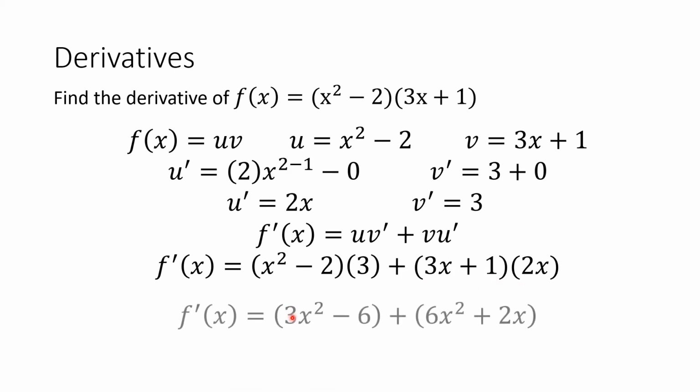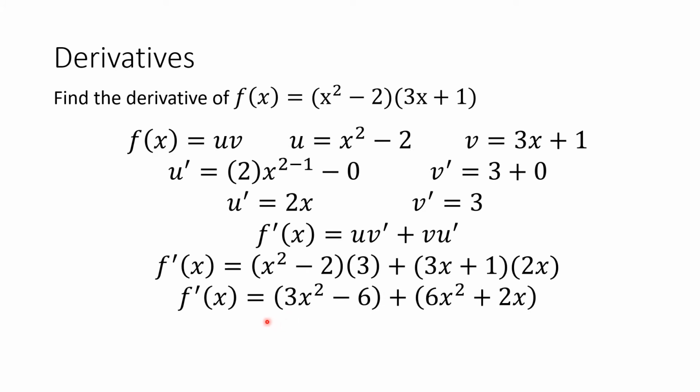Simplifying this, our f prime of x will be 3x squared minus 6 plus 6x squared plus 2x. And so, our final answer now would be f prime is equal to 9x squared plus 2x minus 6. So this is the derivative of our function quantity x squared minus 2 times quantity 3x plus 1.